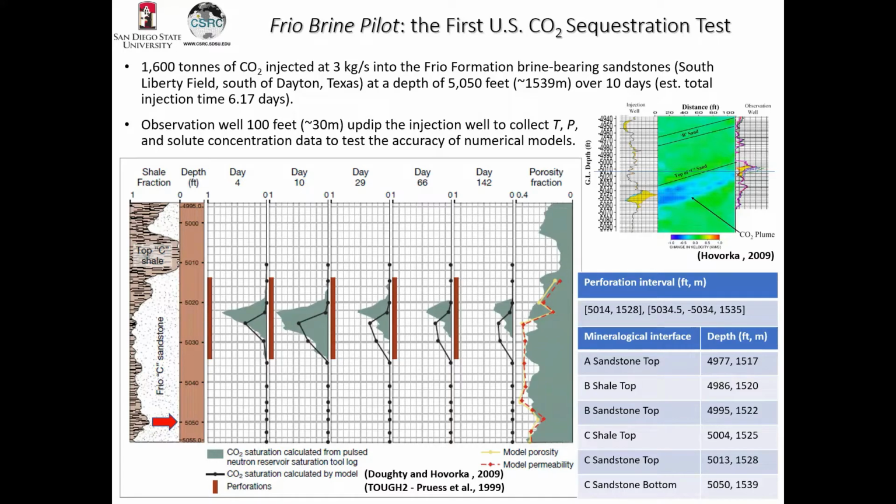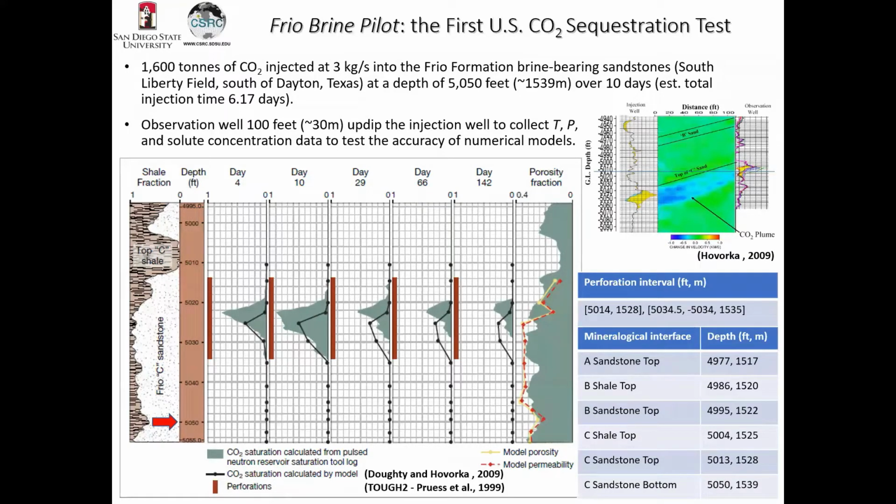So you can see in this diagram here, the green region is the actual plume that developed over the 10-day period. And the black contours represent what is predicted to be the CO2 plume. What you're seeing in this green region is CO2 saturation. So that's where the injectant was.